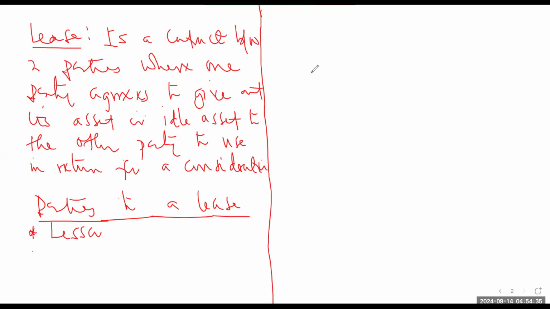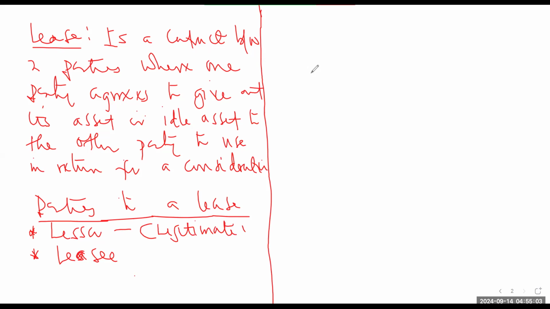Then we also have the lessee. Is that how you write lessee? I hope this is the correct one, isn't it? So we have the lessor, that is the legitimate owner.